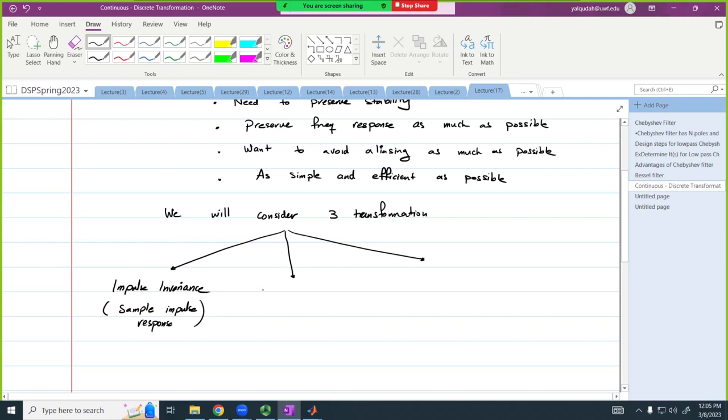The second method is called matched Z-transform, and this is based on pole/zero mapping. And finally, we're going to look at bilinear transformation, and this is based on mapping to avoid aliasing.